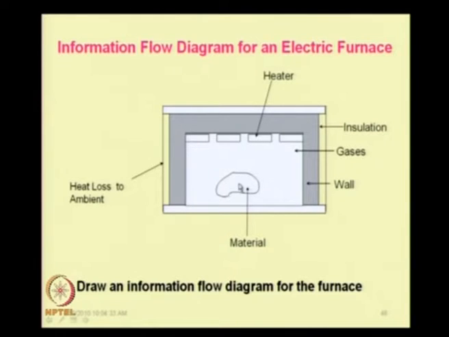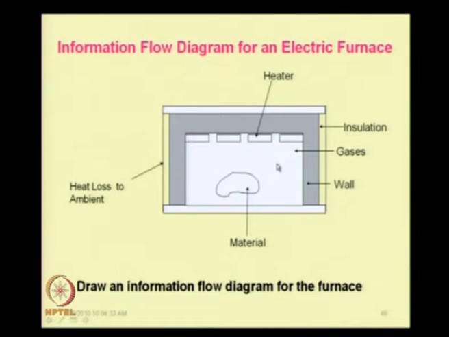So this is a furnace. There is a material which is kept inside which has got to be heated. The heaters are placed, strip heaters, radiative, which will radiatively heat the material and it may also convectively heat. I am not going to give you all the clues. These are all pasted on the top wall of the furnace.